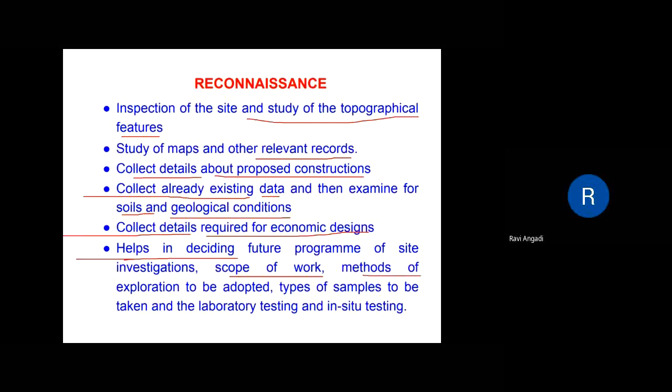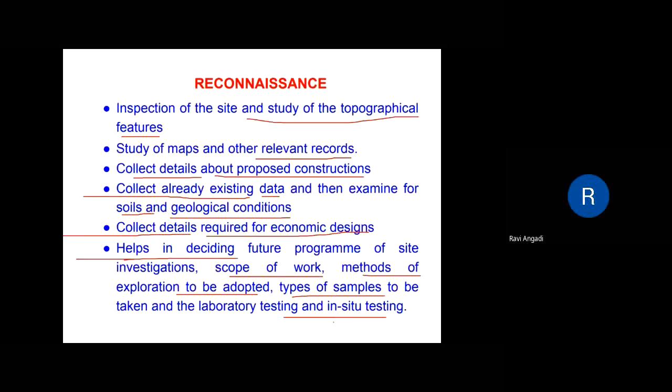Then the methods of exploration to be adopted, meaning what methods can be adopted to get more information about the site, you will come to know by visiting the site. Also the types of samples to be taken, meaning by visiting the site you will come to know what type of samples may be required, and also what laboratory tests or in situ tests, that is field tests, are to be conducted. So all these data you will get from the reconnaissance survey.